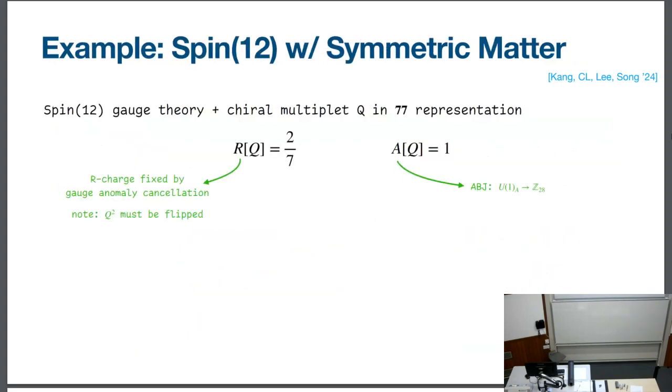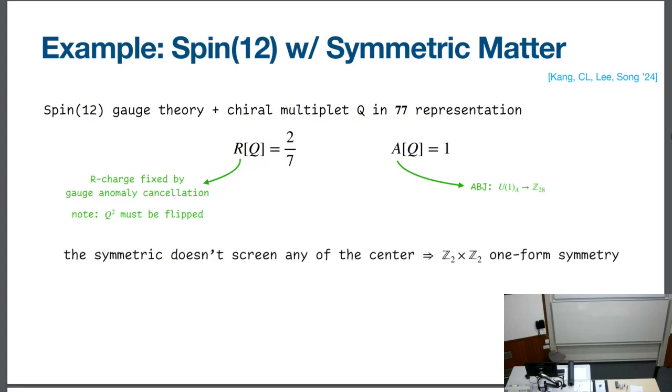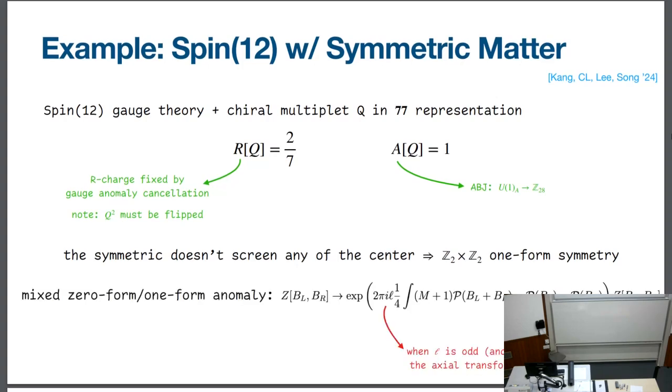So let me finish by doing a quick example in a little more detail. Take Spin(12) gauge theory with a chiral multiplet in the 77 representation. The symmetric doesn't screen any of the center, so you have a Z2 times Z2 one-form symmetry, and you have a mixed anomaly for axial transformations parameterized by an odd integer.